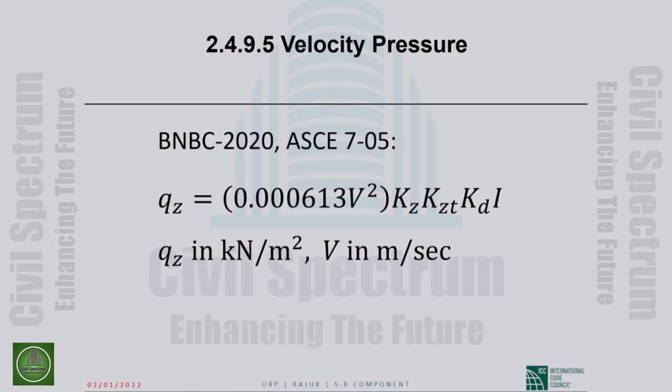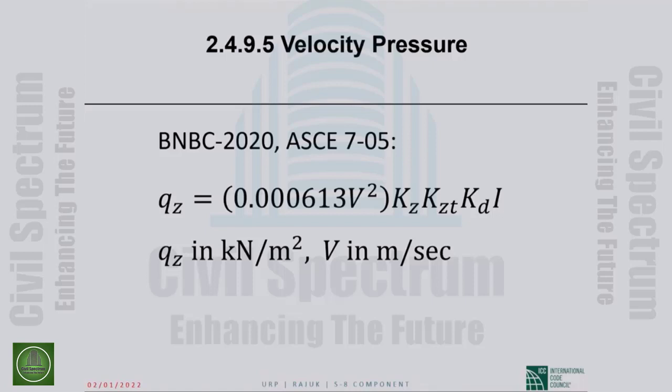We have 0.00256 in ASCE 7. That's the number. I know this number is kind of strange to me, but anyway, that's a very important number. Okay, 0.00613. That is half of rho times v squared. That's velocity pressure. That is very basic.